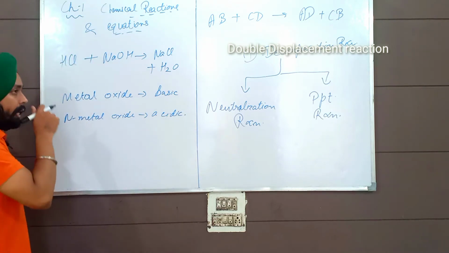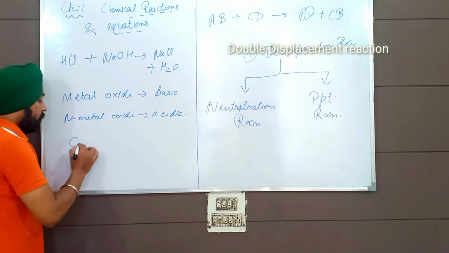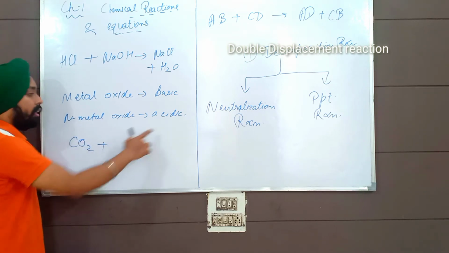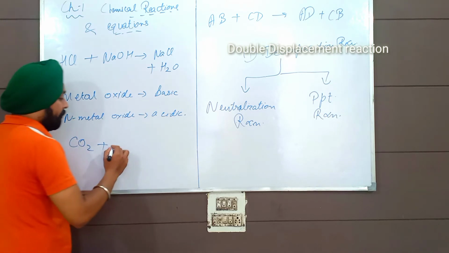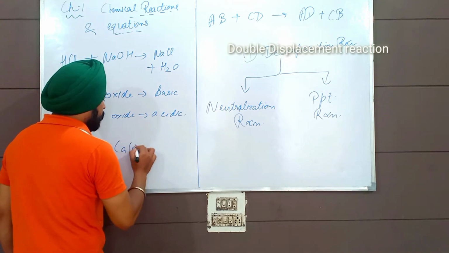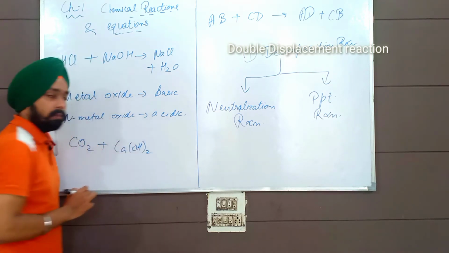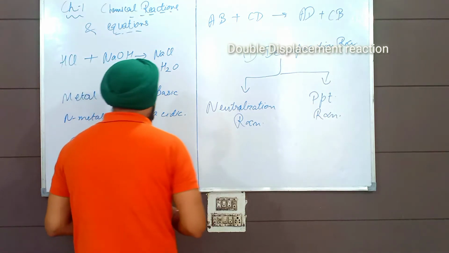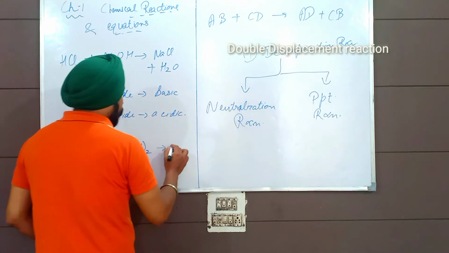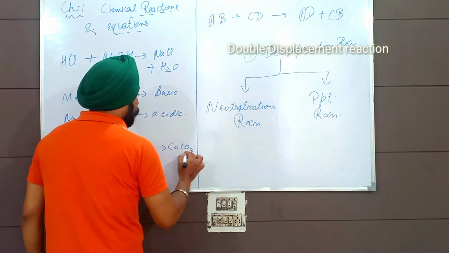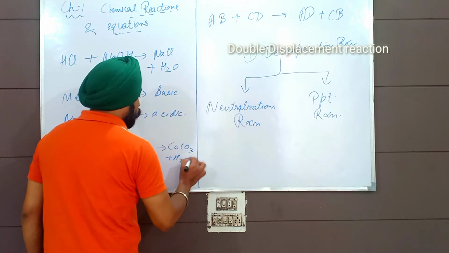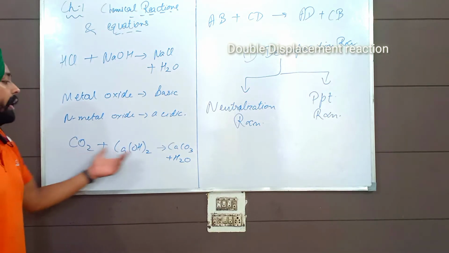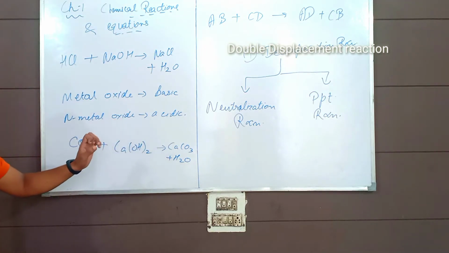So if I take a non-metal oxide, maybe carbon dioxide, which is acid, and react it with the base Ca(OH)2, what I will get is calcium carbonate plus water.